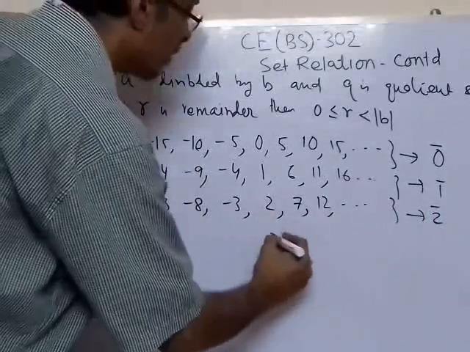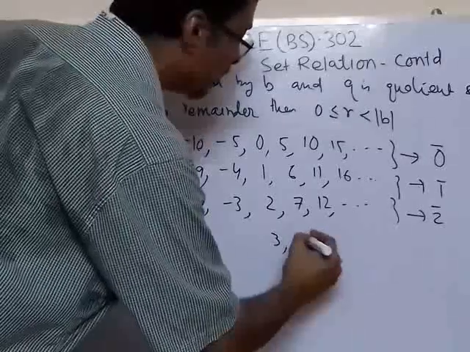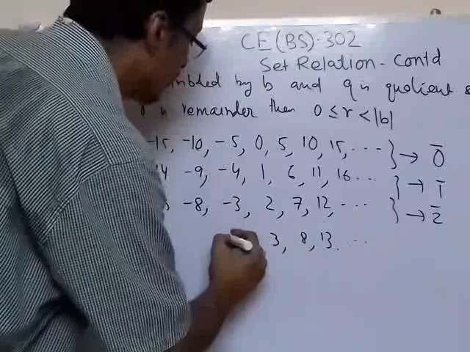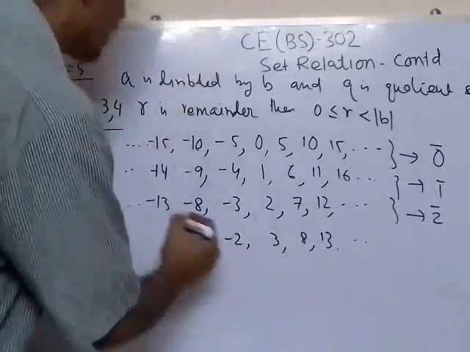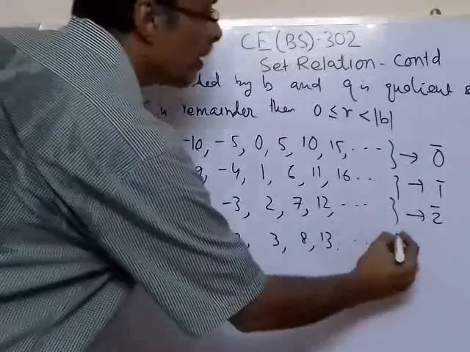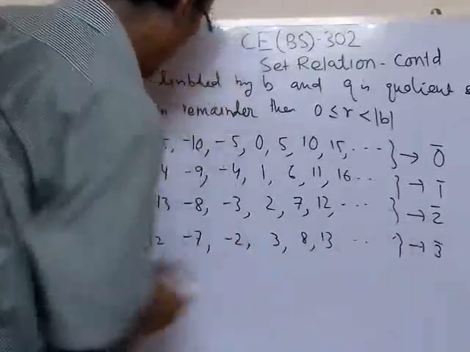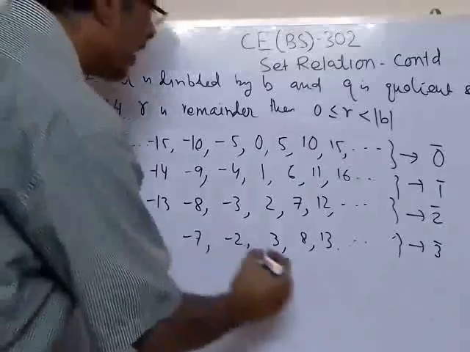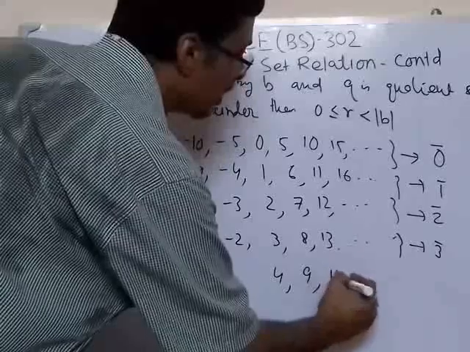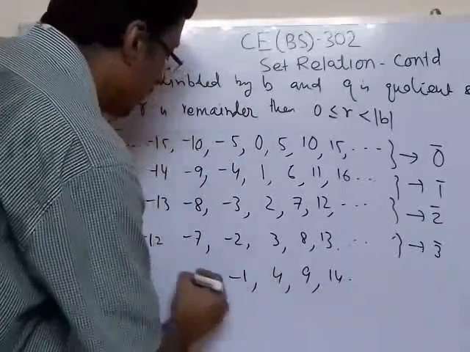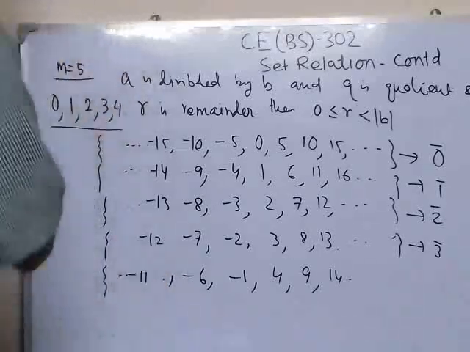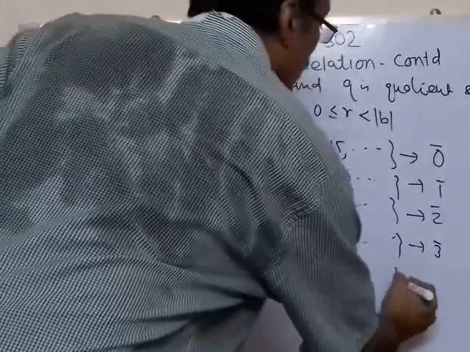Then 3 bar, that is 3, 8, 13, and that will be minus 2, minus 7, minus 12, etc. This will be 3 bar. And finally 4 bar is 4, then 9, then 14, and that will be minus 1, minus 6, minus 11. So this will be the 4 bar.